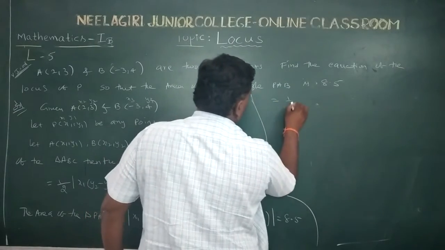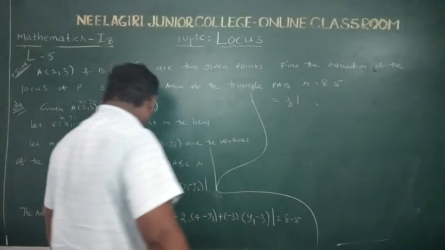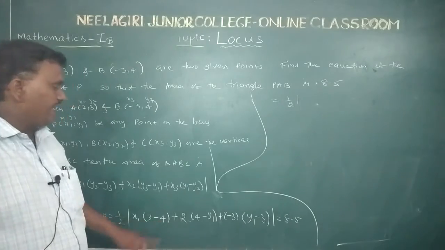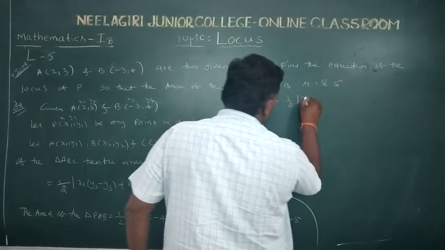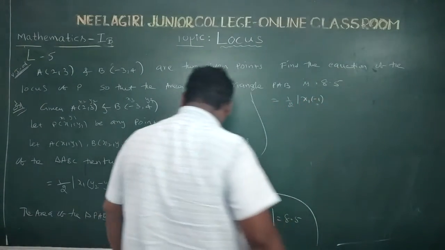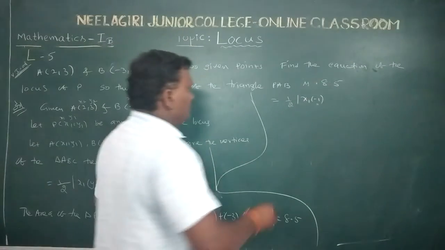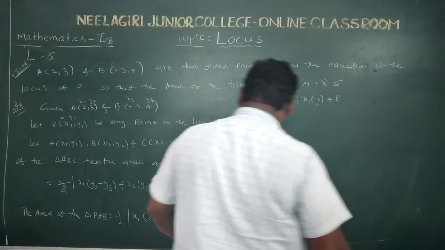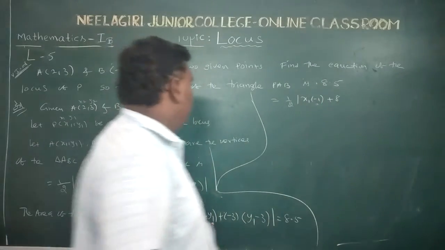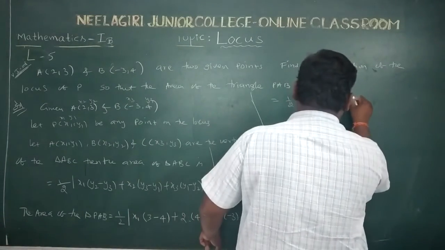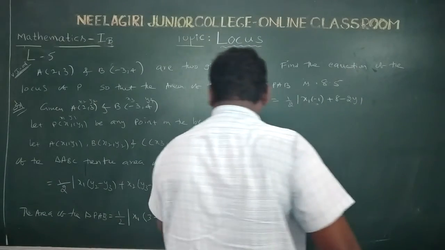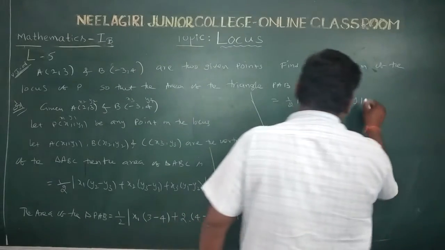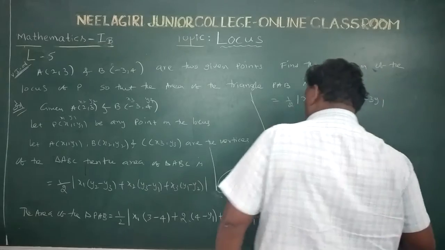So it is 1 by 2 into x1(3 - 4), which is minus 1, so minus x1. Next, 2 into (4 - y1) is 8 minus 2y1. Next, minus 3 into (y1 - 3) is minus 3y1 plus 9.